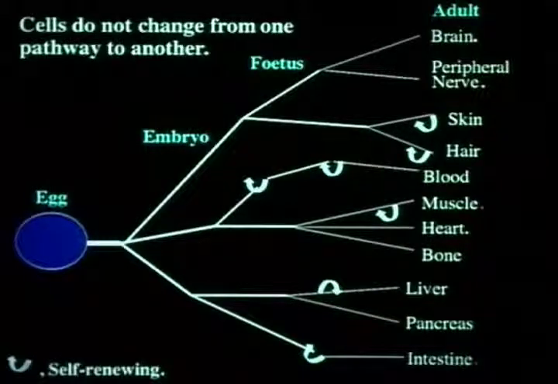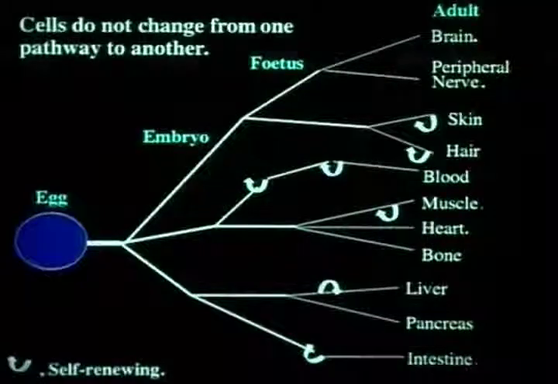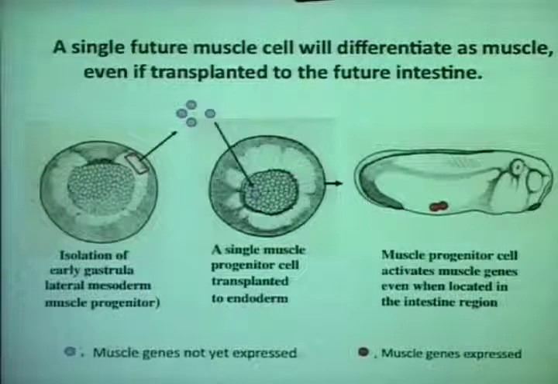But we might ask, why do we say that? How sure are we that that is really true? And the best test for this is to transplant tissue from its normal position into another environment so that it's surrounded by all sorts of different cells, and ask if the cells will now change to be in accord with the new environment.